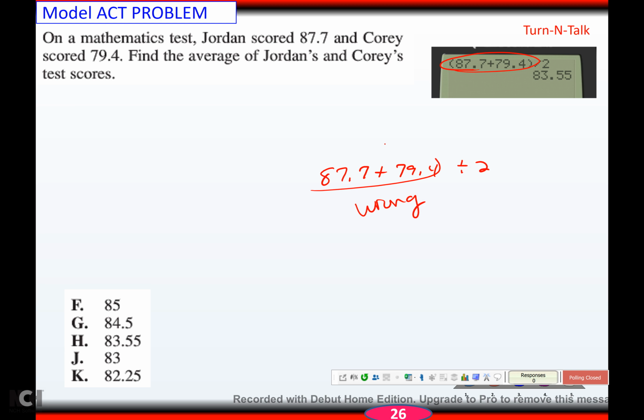You can type this and hit enter and then hit divide by 2, or you can use parentheses. If you don't use either parentheses or hit enter before you hit divide by 2, you will not get the correct answer. So you should get 83.55.